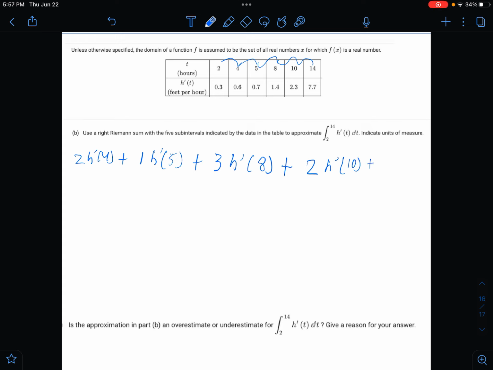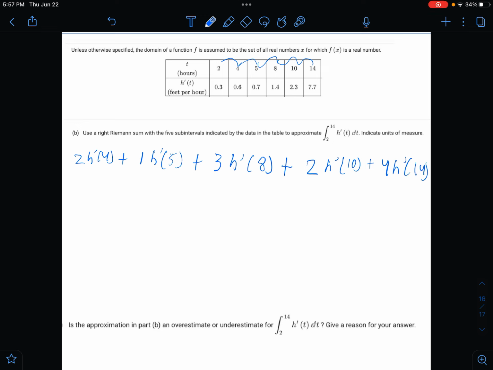Then we add the last subinterval, which is between 10 and 14. If we subtract 10 from 14, we get 4. And since 14 is the rightmost point in the subinterval, we put h prime of 14.